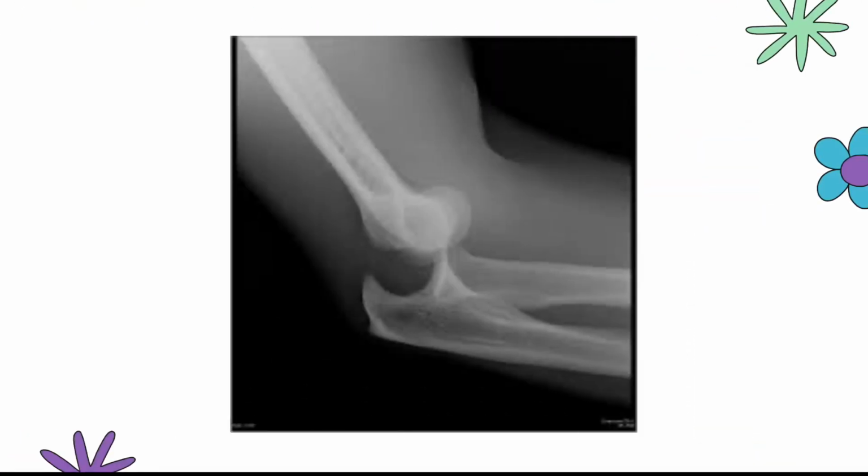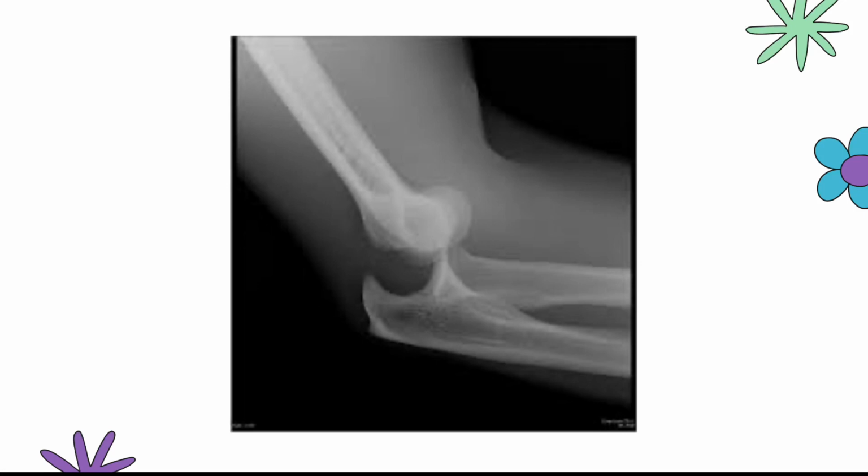So the final injury and final topic that I'm going to be going over today is going to be a separated elbow. A separated elbow is when the ulna gets separated from the humerus. So the humerus and the ulna articulate, which then creates your elbow.